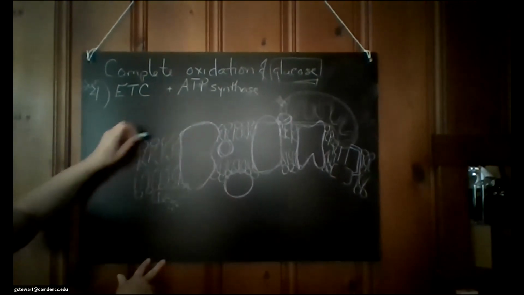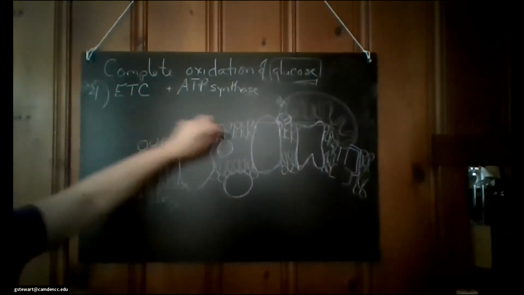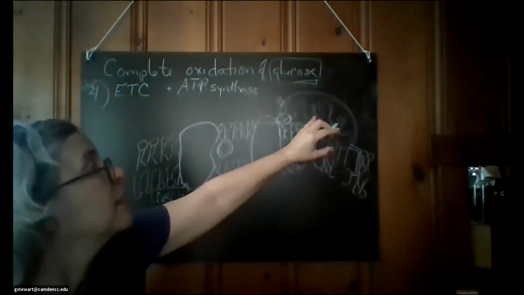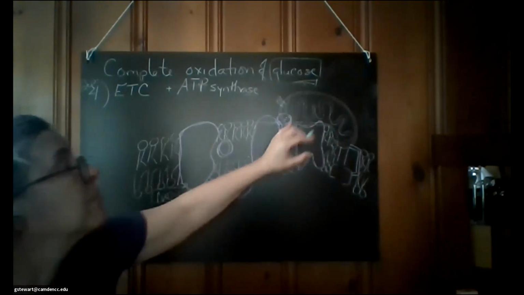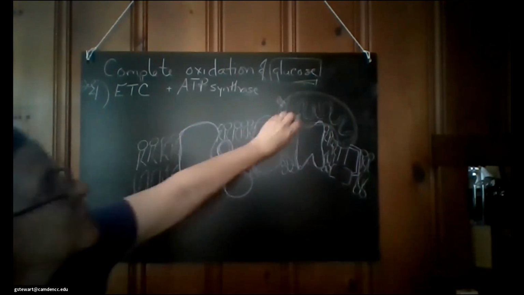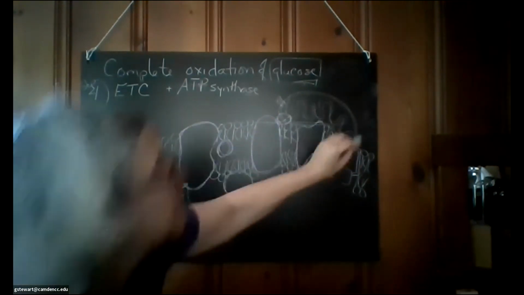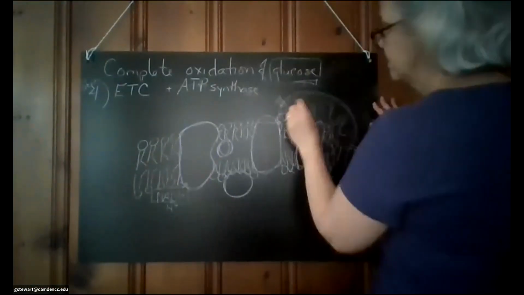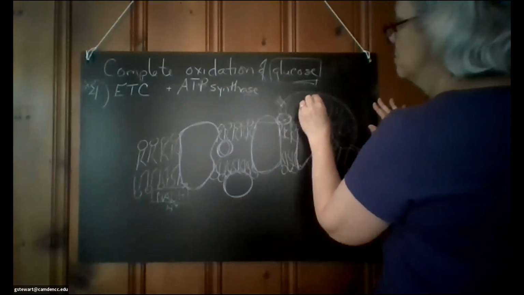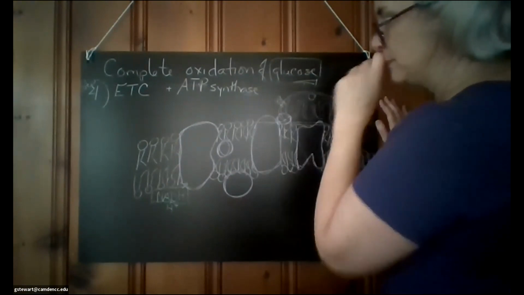The matrix is actually on both sides of this membrane, right? Because we're just looking at a piece of the inner membrane. So the NADH is floating around in there because that's where the citric acid cycle is. Citric acid cycles here, here, here, multiple citric acid cycles.